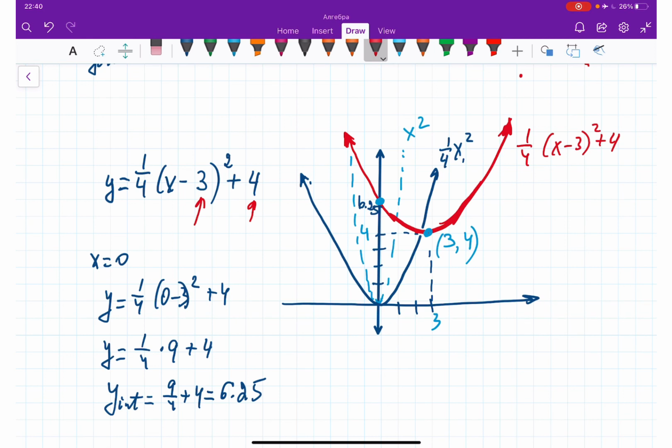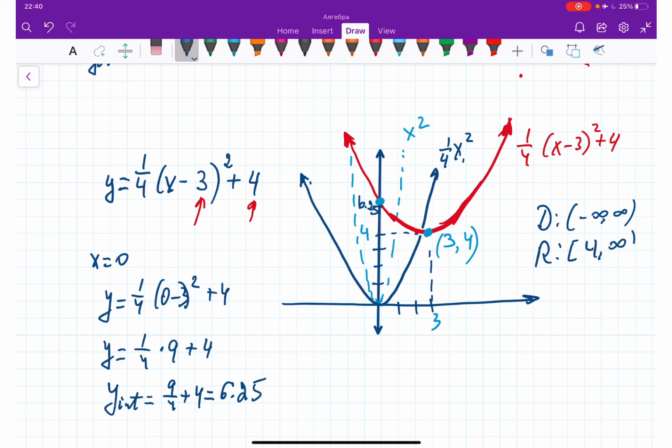Range here, let me write down. And range is going to be what? We have 3, y is 4, correct? 4, and the other point is infinity, correct? Positive infinity. Therefore, since 4 is included, we are writing down 4. 3 is x. 4 is y for the point.